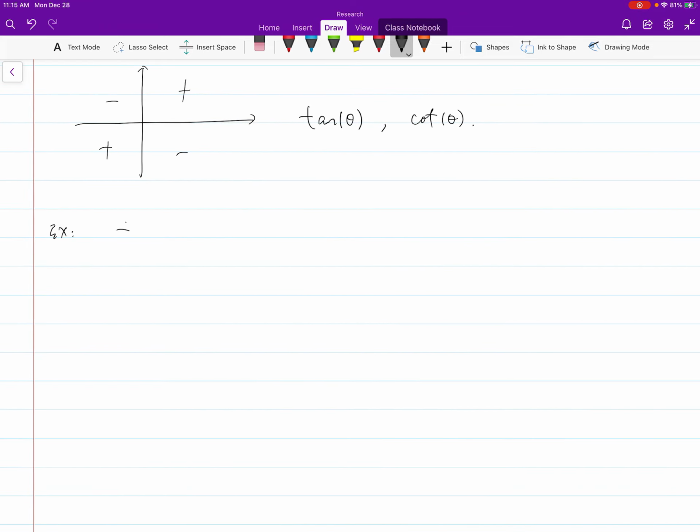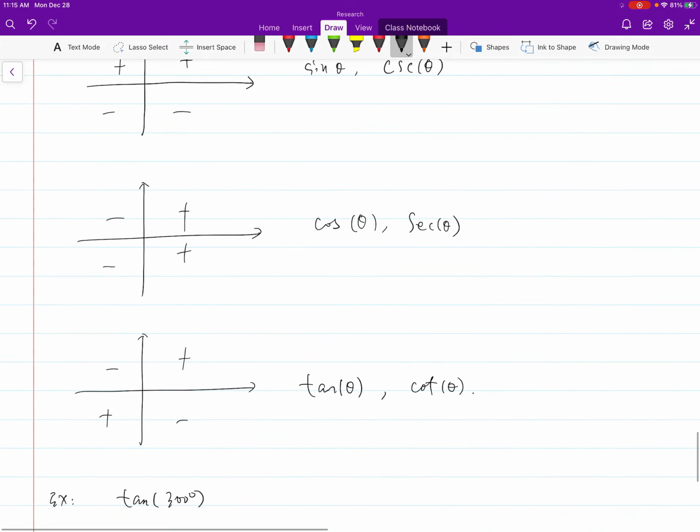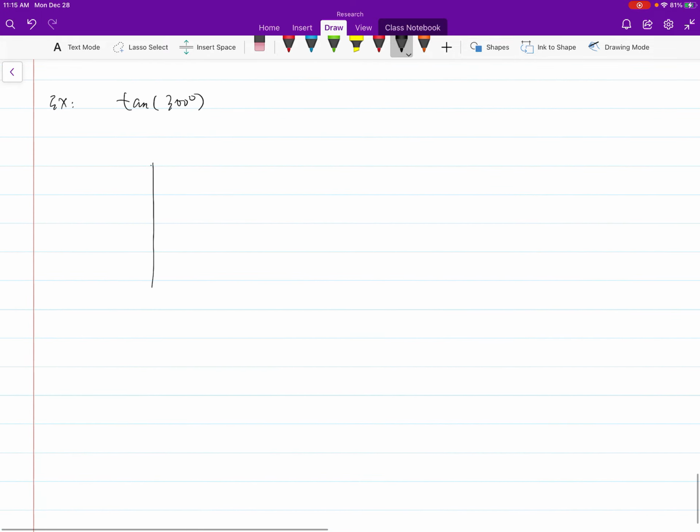Now back to the question, let's see the example. Find tangent 300 degrees. Okay, what do we do? Step 1, we draw 300. Step 2, we figure out theta bar equals 60 degrees. So instead of doing 300, I should do 60.